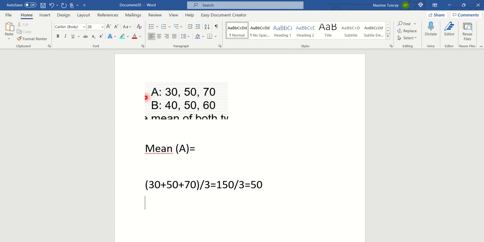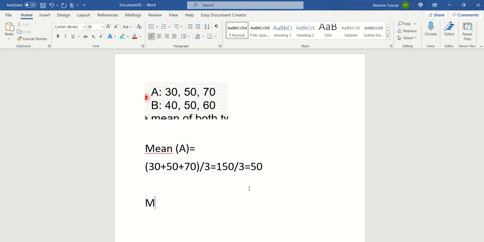Let us find the mean of B. We have 40, 50, and 60, and you see that it's again the same.